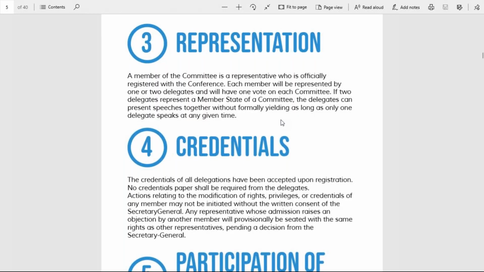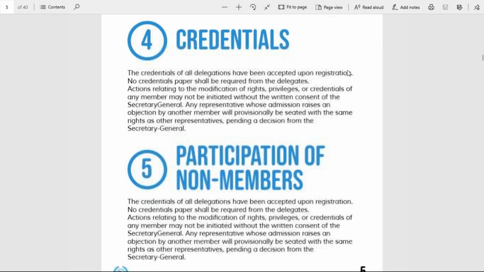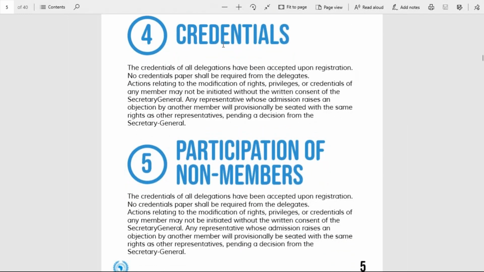Okay, so the next one is credentials. As soon as you've registered for the conference, we've already received your credentials. So you don't have to write a credentials paper indicating who your head of state is, that they've sent you and you're part of this delegation. That is not really necessary.